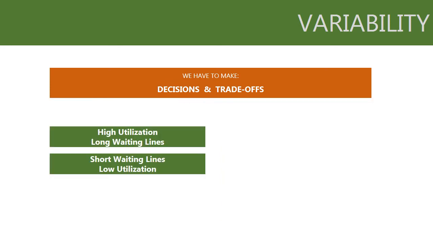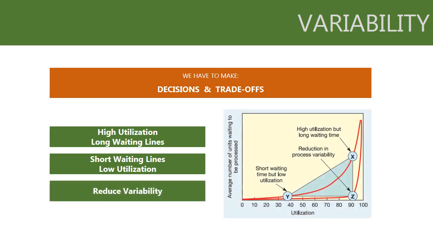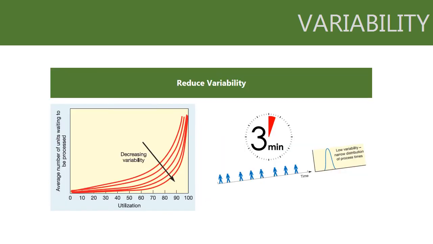Besides the trade-off between high and low utilization and long or short waiting lines, companies can also try to reduce their variability, both process and demand variability. This is explained in Chapter 11 of Slack, but I will give you one example. For example, if a company wants to reduce their process variability, they can opt for standardization.